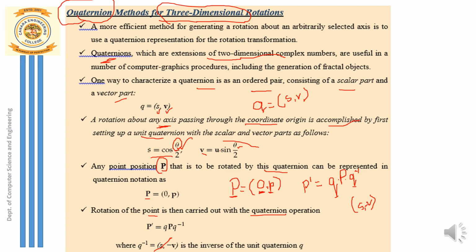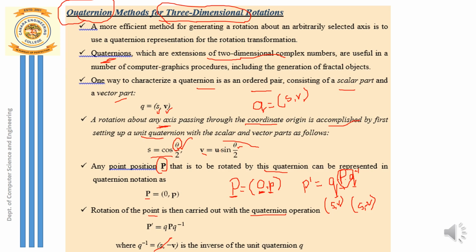Earlier in a positive quaternion we had a scalar component and a positive vector v, whereas the inverse quaternion has the same scalar component but the vector direction is negative. So s comma v and s comma minus v, and this p is nothing but the original point. This you need to multiply with the inverse quaternion and in turn it has to be multiplied with the positive unit quaternion. This is how we can carry out the rotation.